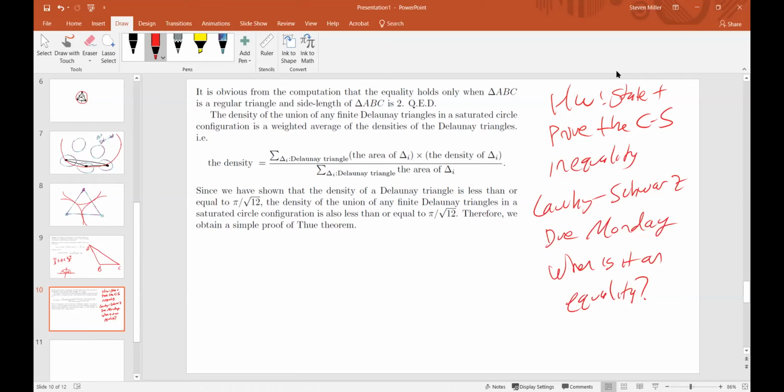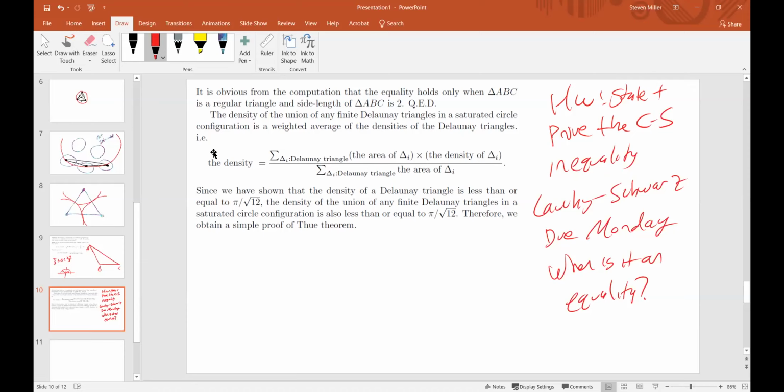And then we can look at the angle, and the only way that's going to happen is if the angle is pi over 3, or 2 pi over 3. But it can't be 2 pi over 3 because it's strictly less than that. So it has to be pi over 3. So the only way we can have an equality is if we are in the regular equilateral triangle. Okay, so that handles this part over here.